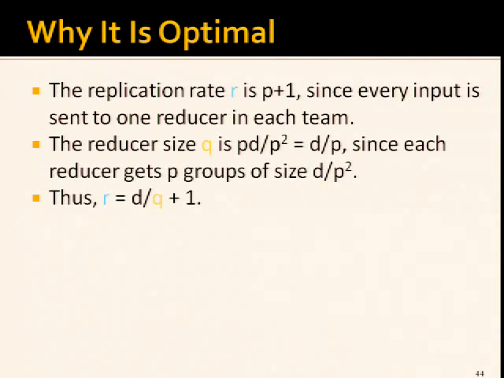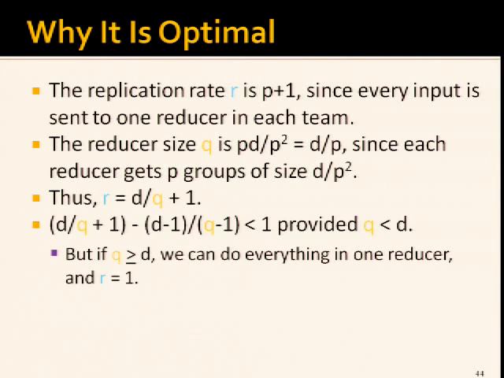So that says that P is therefore D over Q, and R I can write as D over Q plus 1. Remember, I'd like it to be R equals D over Q, because that was the lower bound. But I'm not going to go into this.